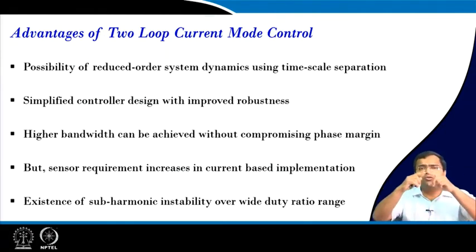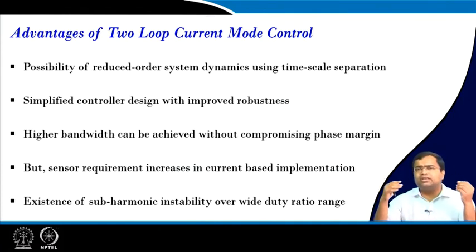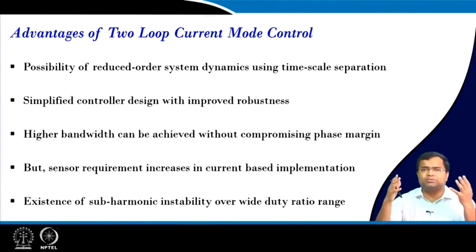When both the loops are closed and you are operating at a higher gain, you may end up with subharmonic oscillation. Similarly, for valley current mode control at low duty ratio, you will get substantial subharmonic oscillation problem. And we also discussed that in order to overcome it, we need to add ramp compensation. But excessive ramp can also make the system slow, it will behave like a voltage mode control.